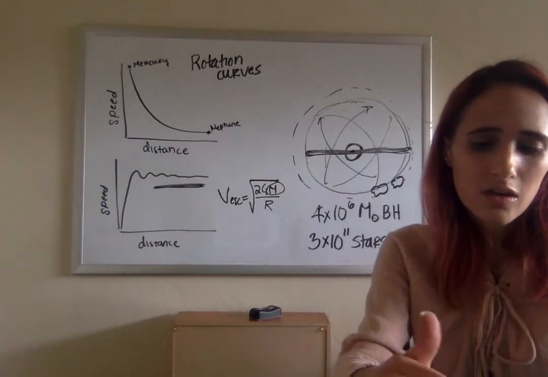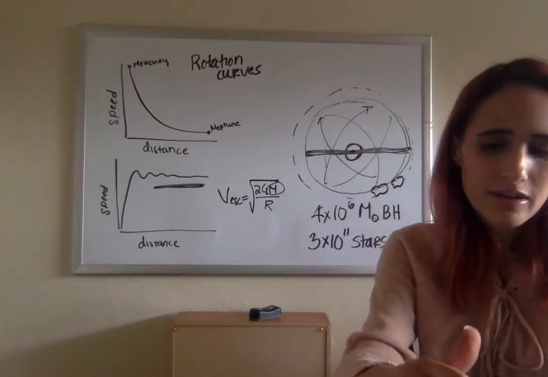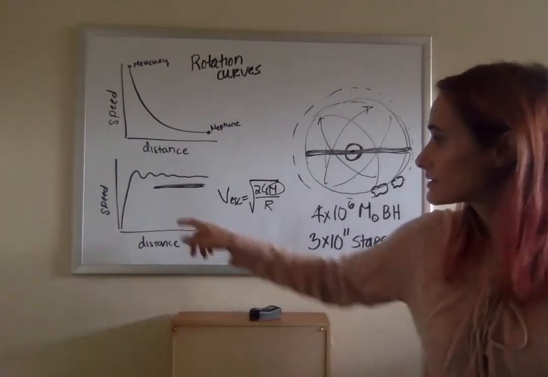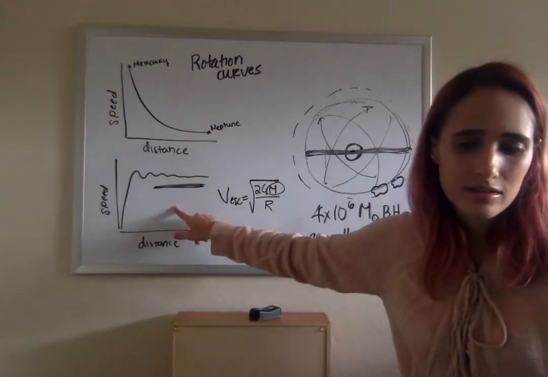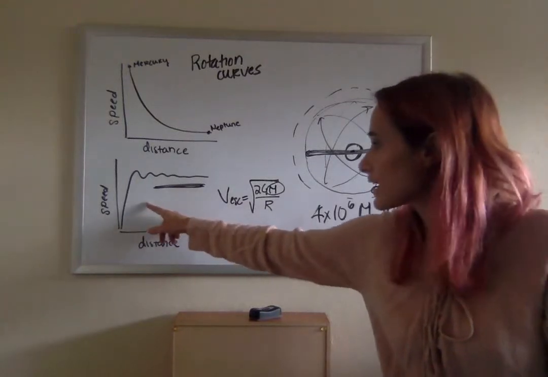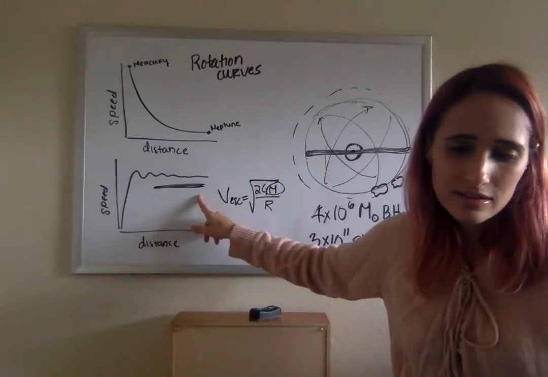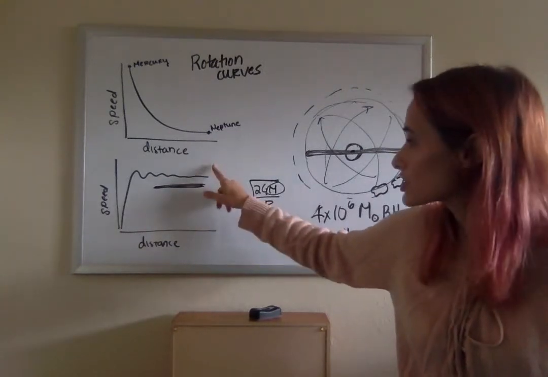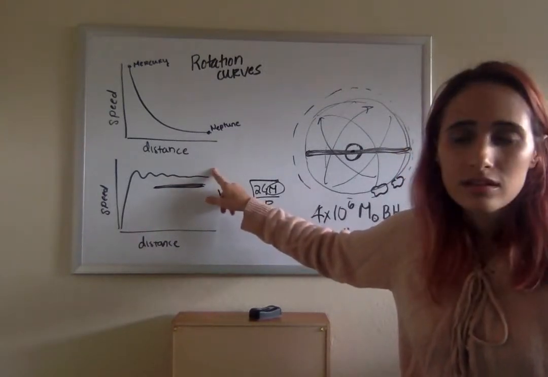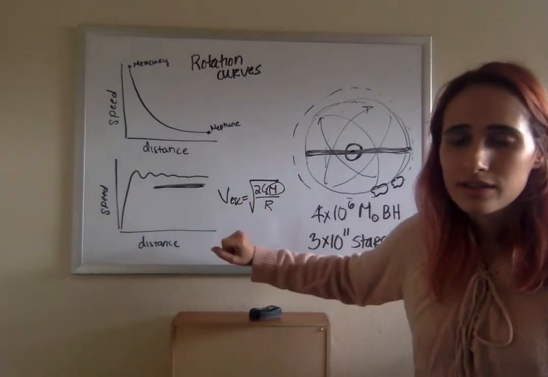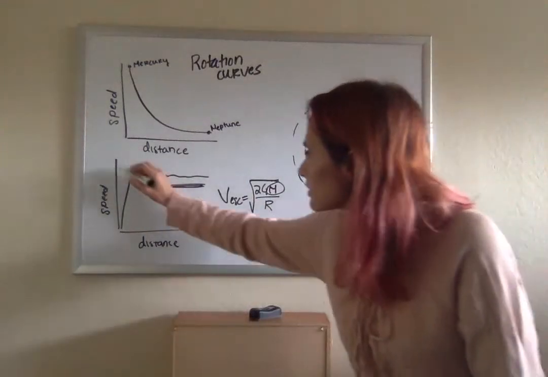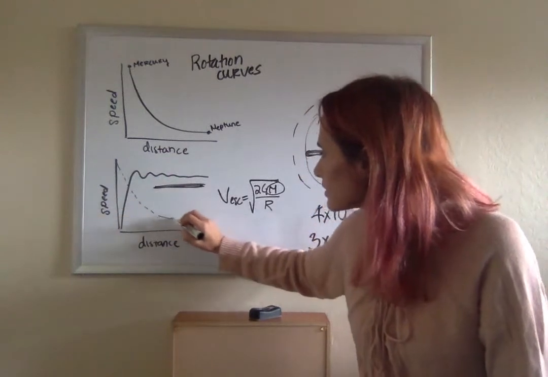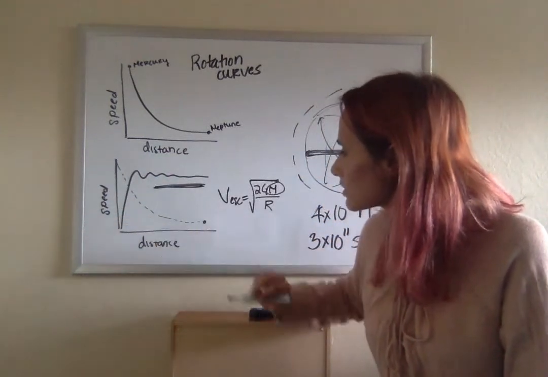11 says, what is the evidence for a dark matter component of the galaxy? And this is this rotation curve here, right? So objects at a large radius from the center of the galaxy have a much greater speed than we think they would. If there weren't any dark matter, it would look like this, and they would be going very slowly.